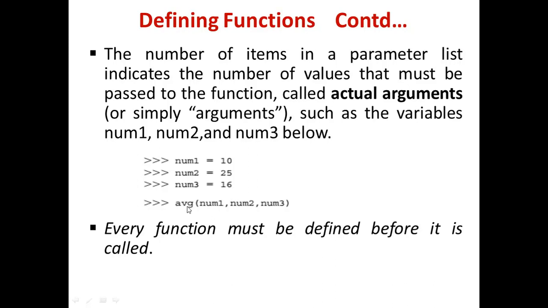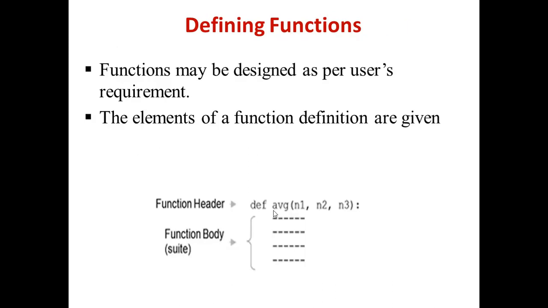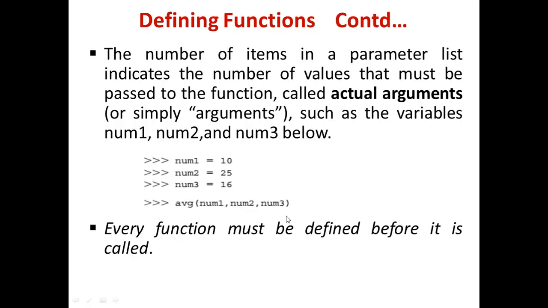This is called the calling of a function. Simply, I'm using the function name with arguments. Every function must be defined before it is called. So you have to define that function with this sort of procedure, and then I have to call the function.